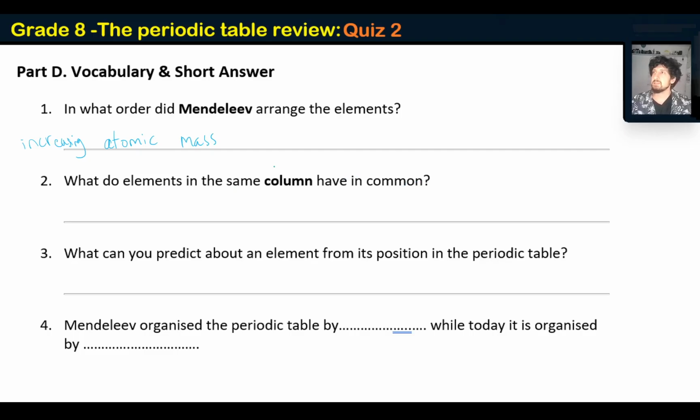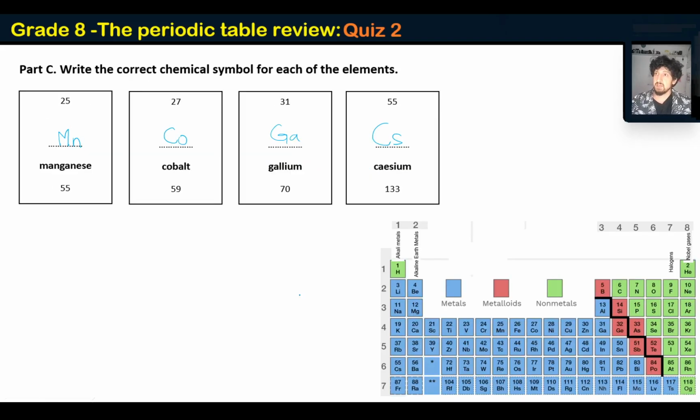What do elements in the same column have in common? Come on, guys, this is easy. So first of all, column means family or group. Okay, and that's different to this. That's period. This thing's called a period. That's period 1, period 2, period 3, period 4, period 5, period 6, period 7.